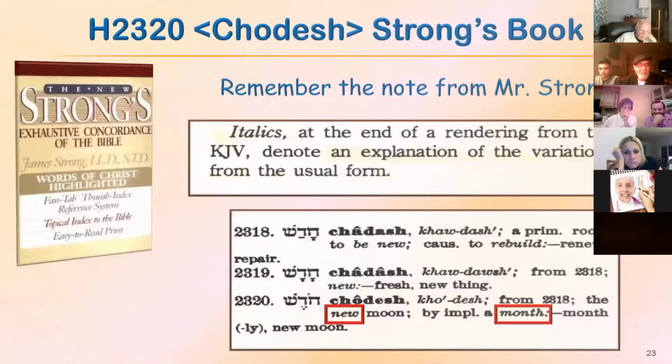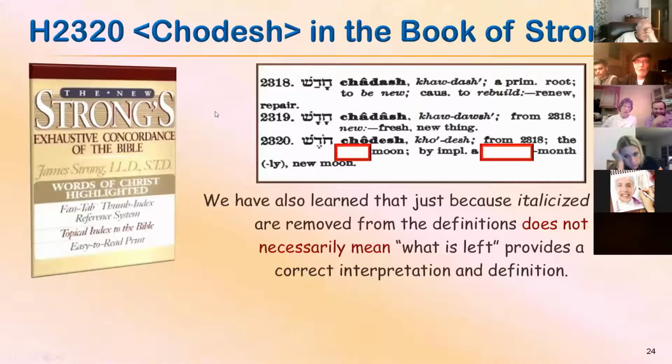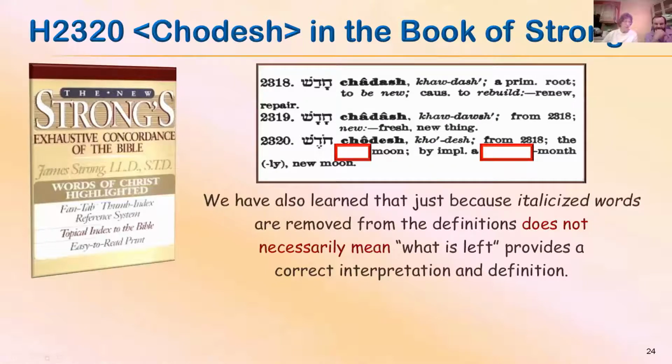Okay, this is good for us too because we needed to take a little bit of a more careful look at this. Okay, so new was italicized and so is month. So we've also learned that just because italicized words are removed from the definitions does not necessarily mean that what is left in the definition is still a correct interpretation, right?